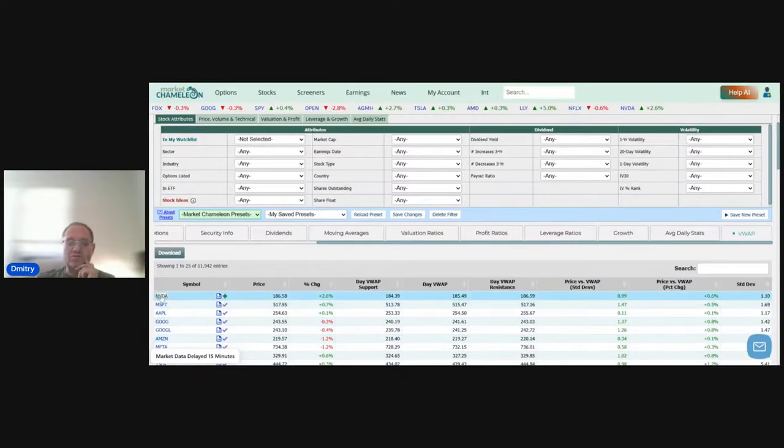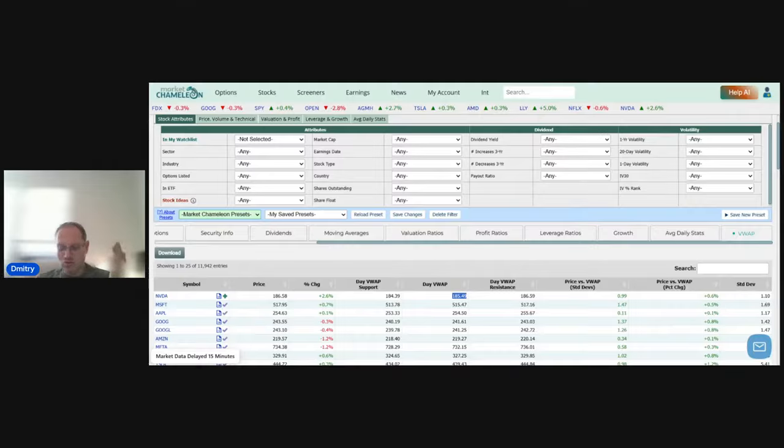Going from left to right, we see the price of NVIDIA, the price change, and then three numbers: the day's VWAP, and the support and resistance based on the standard deviation movement away from the VWAP for the day.